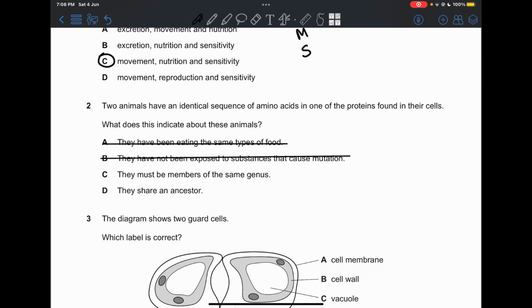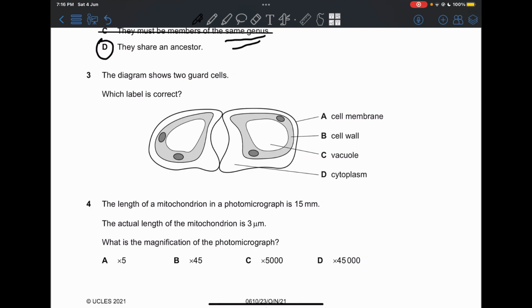So we can't be choosing that as well because they said they have an identical sequence of amino acids. So that means they're siblings. So the only option we have over here is D. They share an ancestor. Now, if they share an ancestor, that means they are very closely related compared with having the same genus. Now, question number 3, the diagram shows two guard cells.